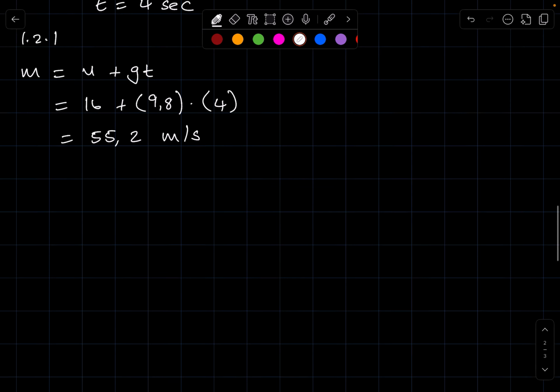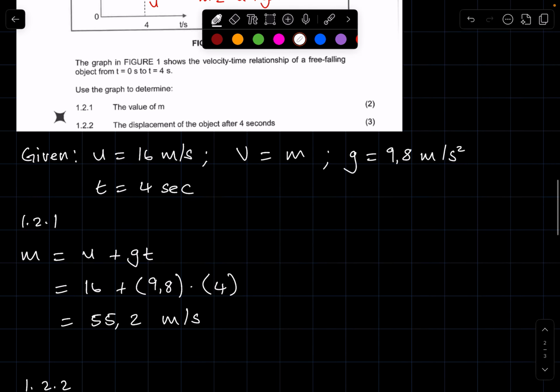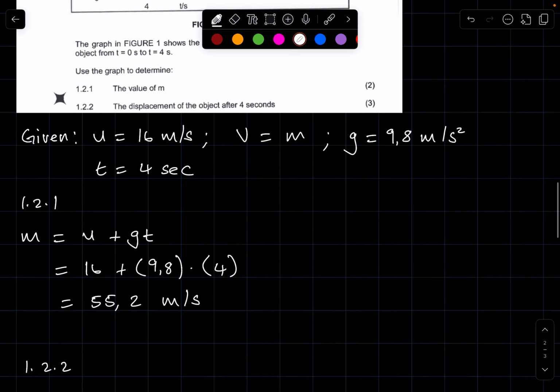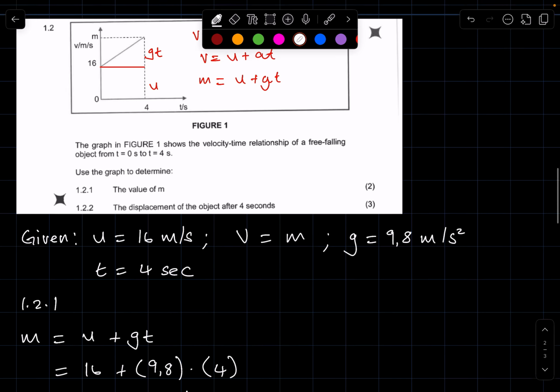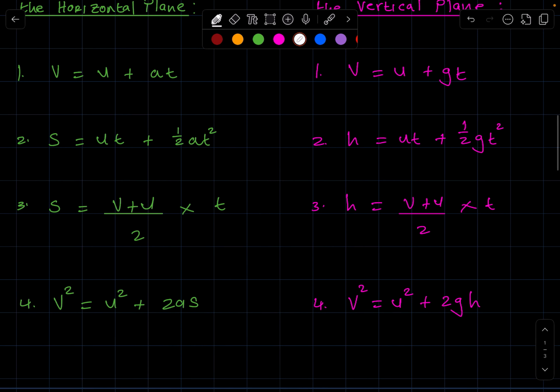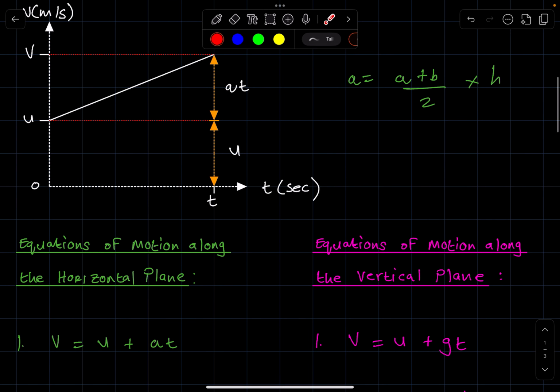Then let's look at 1.2.2. Determine the displacement of the object after 4 seconds. Remember, in deriving the equations of motion, we said essentially there are two ways in which you can calculate the area under this graph.